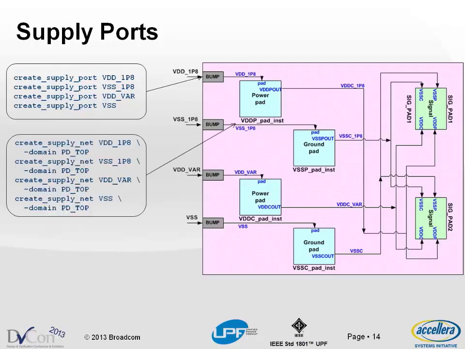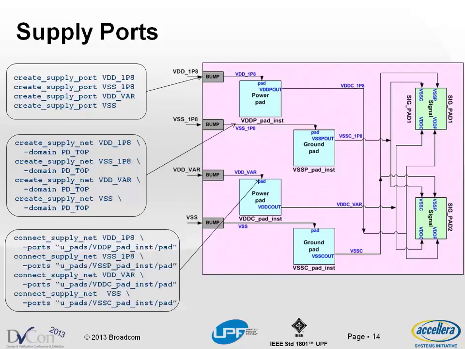And then you would have to create a supply net. In this case, I've just kept the supply port name and the net name identical, so it's useful. It just maps to a more Verilog concept where if you create a port, there's an implicit net and it has the same name. So this is actually redundant because when you create a port, you get an implicit net in Verilog. So we have a supply net.